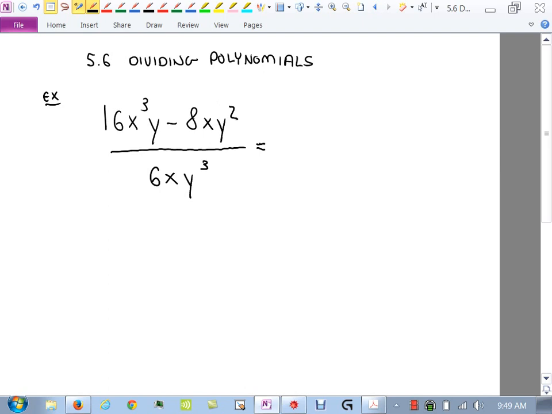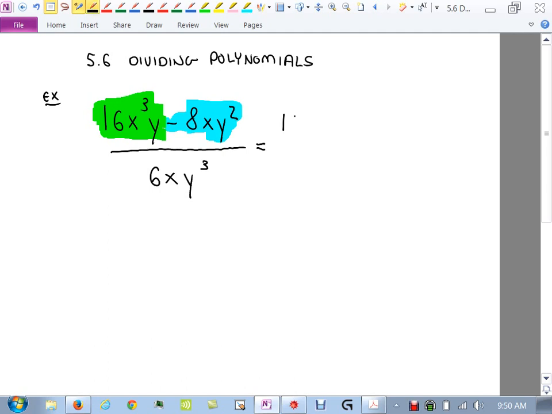This is what we do if you have a monomial in the bottom. You break the fraction up into two pieces. So you're going to take the first term here, and then you're going to take the second term, and make sure you grab that minus sign with it. And you're going to do each one of those over the bottom. So it'll look like this.